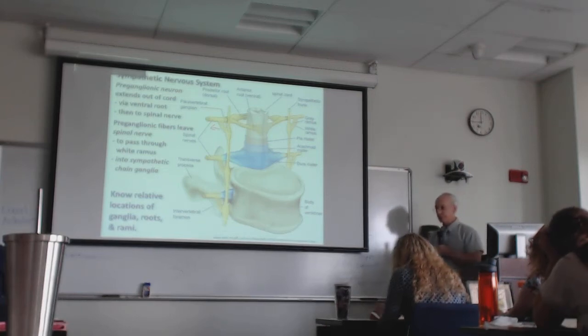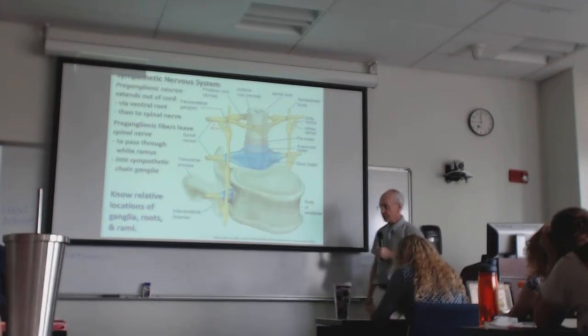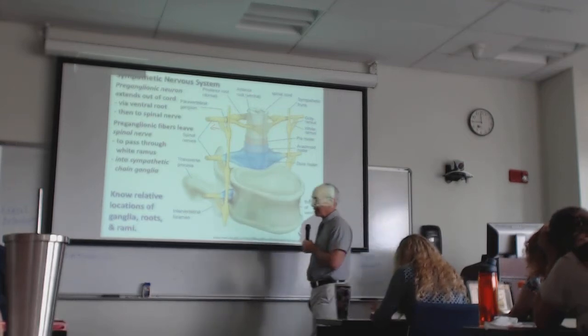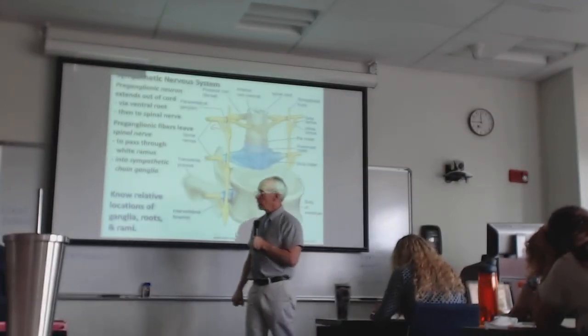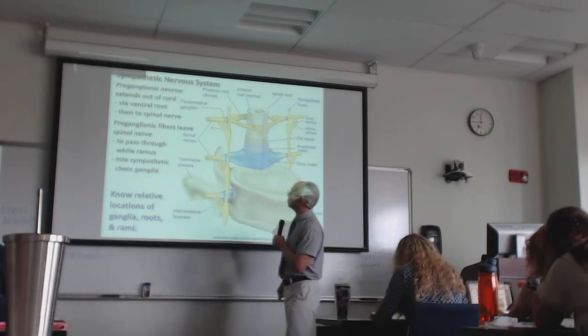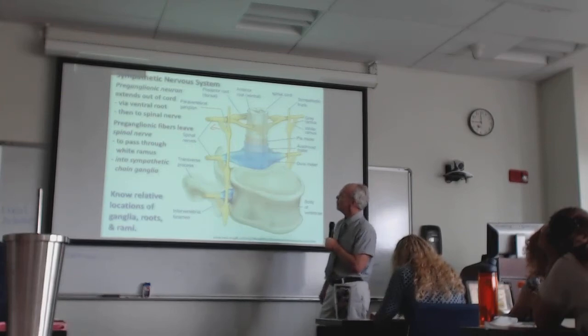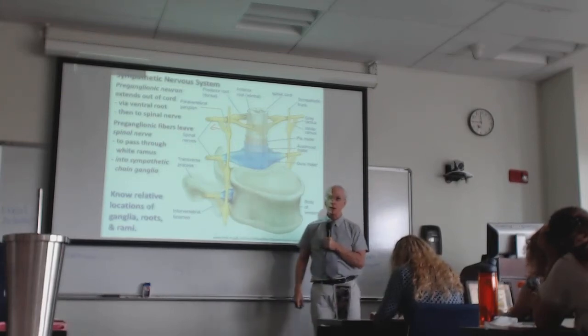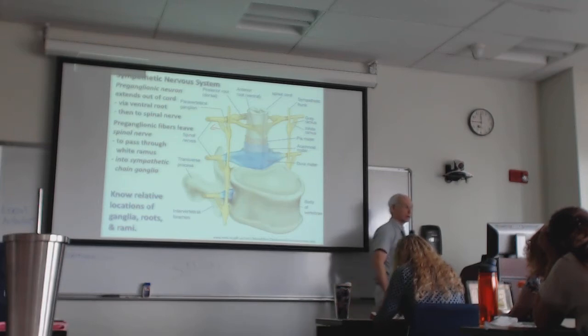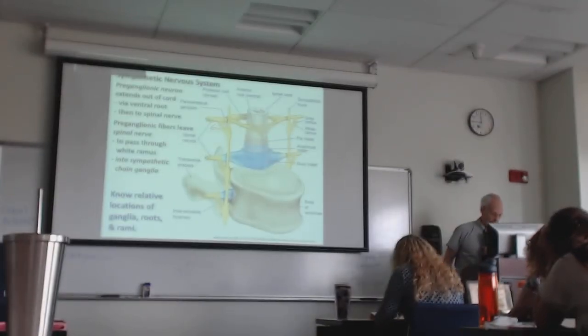The sympathetic preganglionic efferent leaves the peripheral nerve or the ventral ramus, whichever you want to use, to enter the sympathetic trunk by means of the white ramus. And we're just going to say it's the one that's lateral or on the outside.